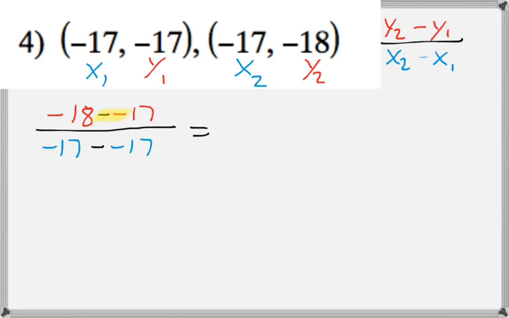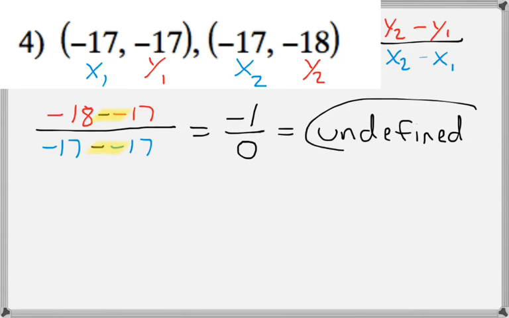So -18 plus 17 gives us a -1. And in the denominator we have a minus a negative, that becomes a plus. So -17 plus 17 gives us a 0. We know we are not allowed to divide by 0, so that makes this an undefined slope. So this guy would be a vertical line.